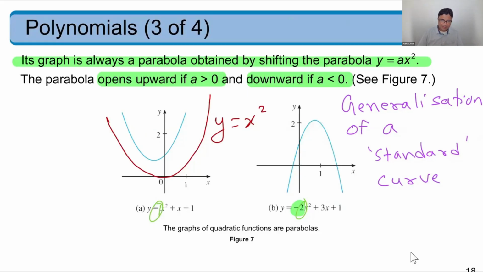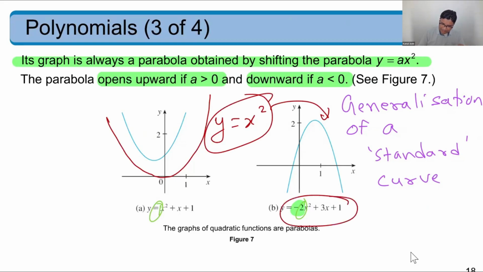You start with that, you move it left, move it up, or you reflect it on the x-axis, and then move it. You can start with this parent graph. You might remember this idea, the transformations of a graph, and obtain these other graphs. When you do that graphically, analytically, what happens?